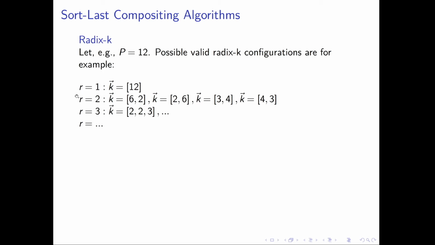And if we say we want to have 2 rounds, then there are a number of certain factorizations, and those factorizations tell us the size of the communication groups that we have on each round. And we can do that for other integer factorizations.